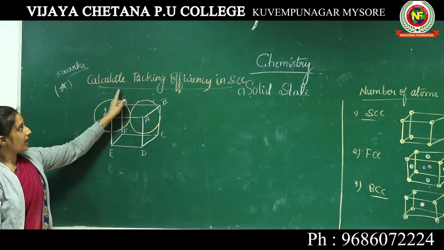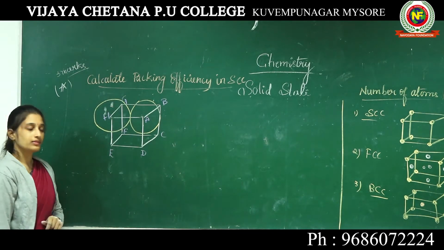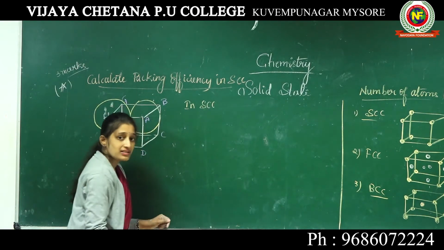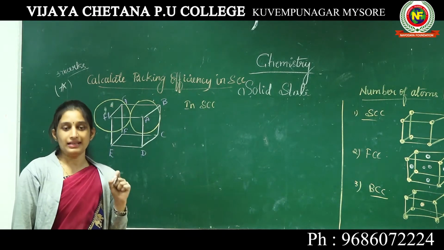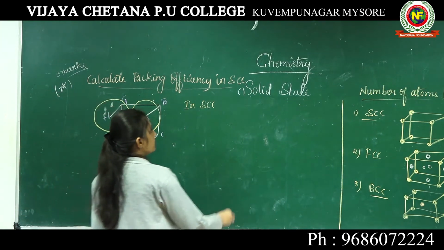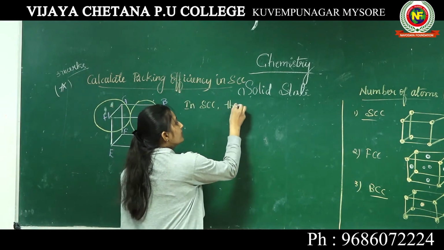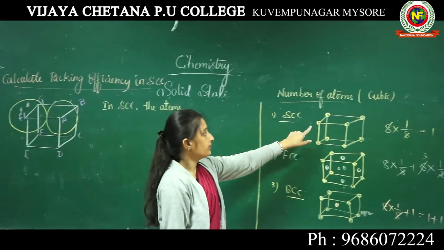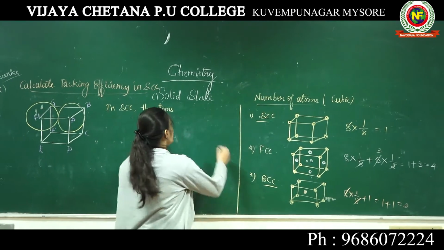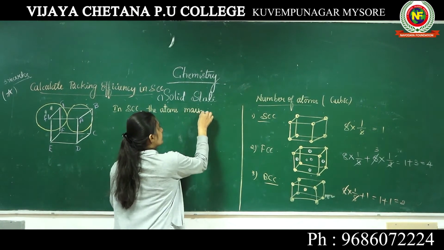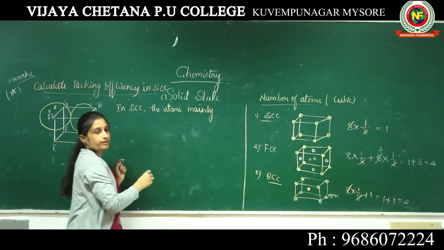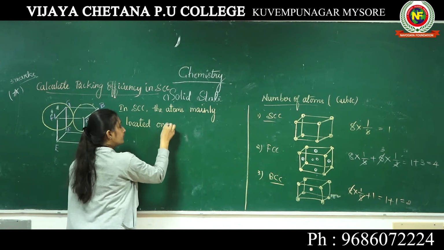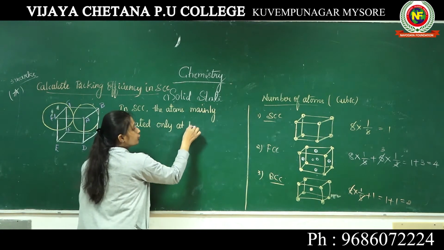Now, shall we start how to calculate the packing efficiency? Yes. In SCC, SCC means simple cubic crystal lattice. In SCC, the atoms mainly located, mainly placed, mainly located only at the corners.